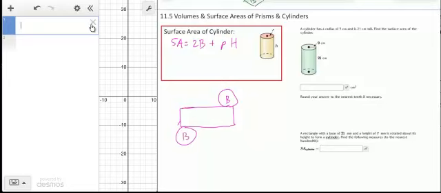You have this rectangle that's formed. The rectangle has a height that's capital H, the height of the cylinder, and this length here of that rectangular lateral face just wraps around the circle. It's the perimeter of this circle, but the perimeter of a circle is called circumference.